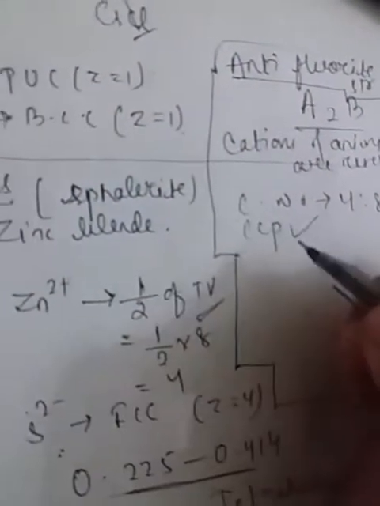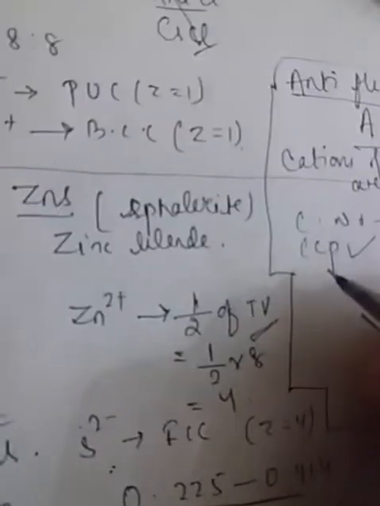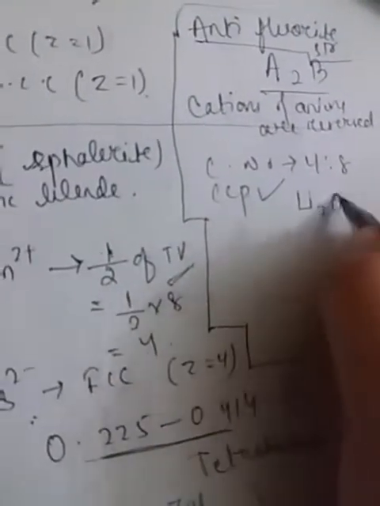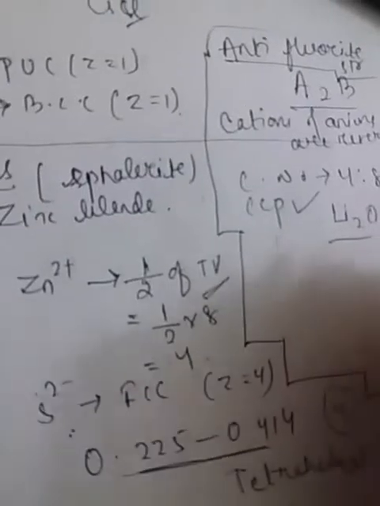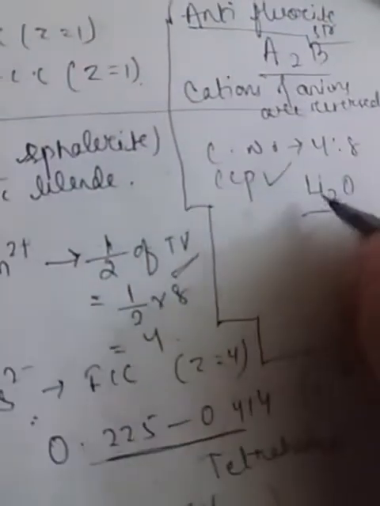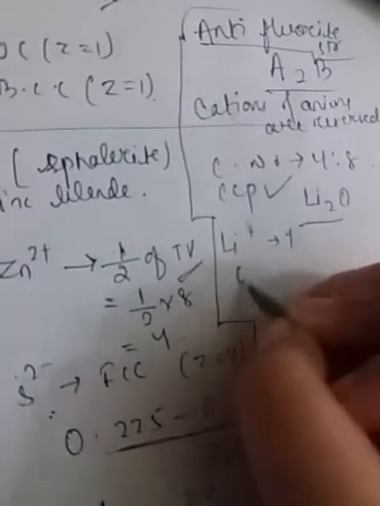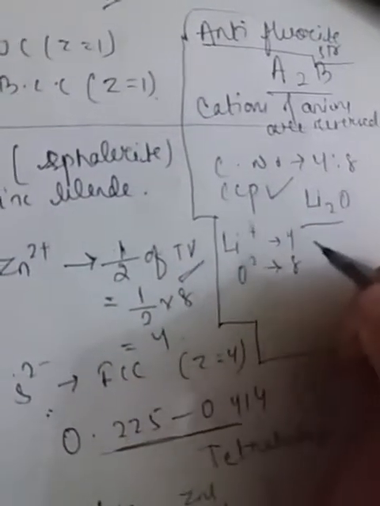CCP arrangement is common. But here, let's take an example of Li2O. Li+ has coordination number 4 and O2- has coordination number 8.